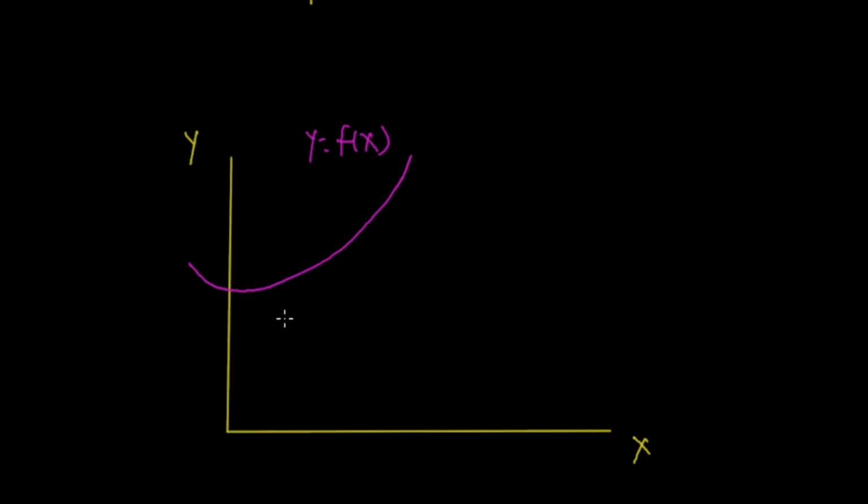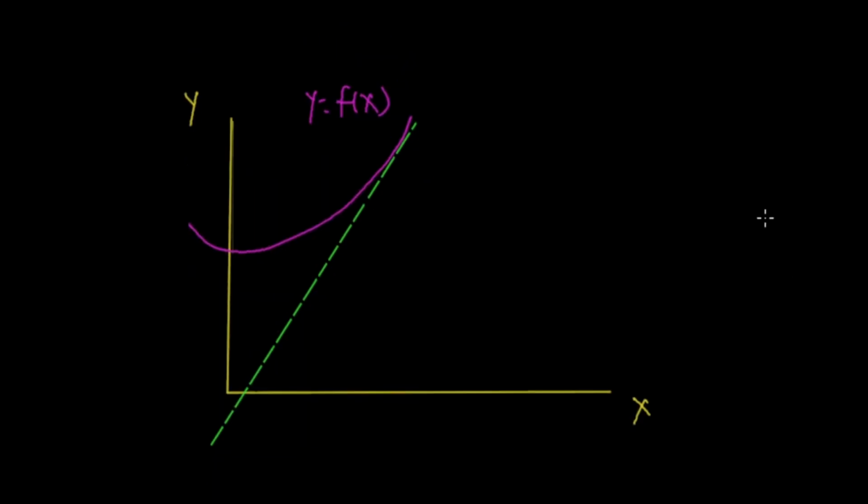And there's an oblique asymptote here. Let's say like this. And the oblique asymptote takes the form of a straight line. And we can model this by y equals mx plus b, because it's a straight line, right?